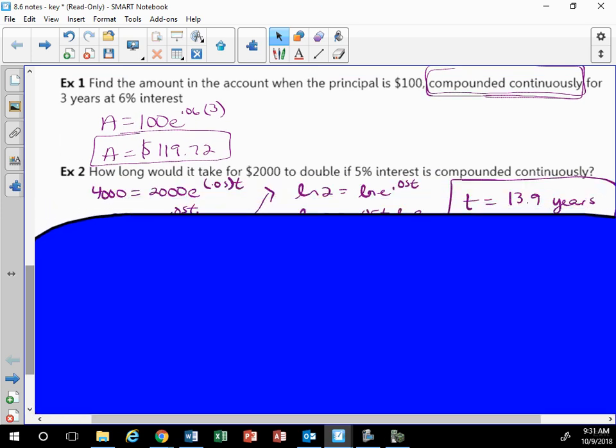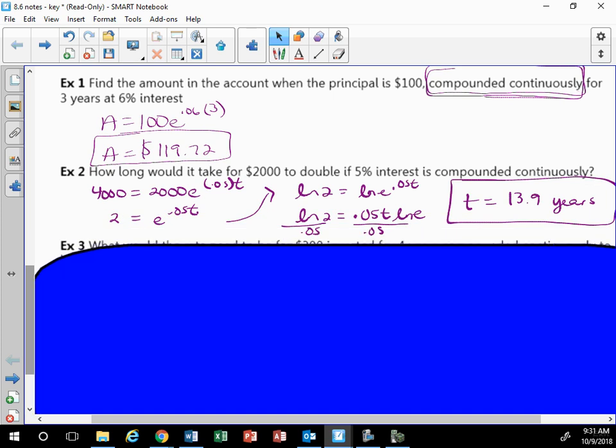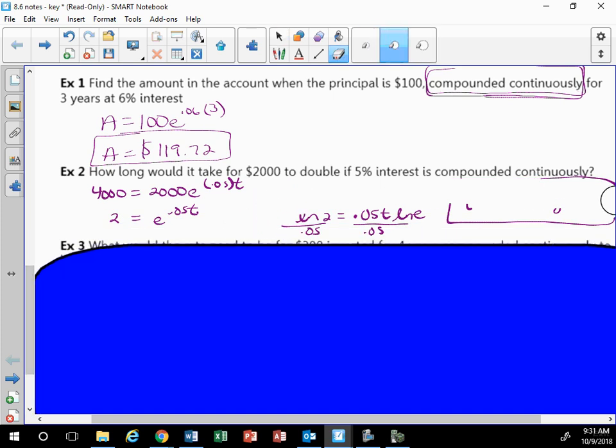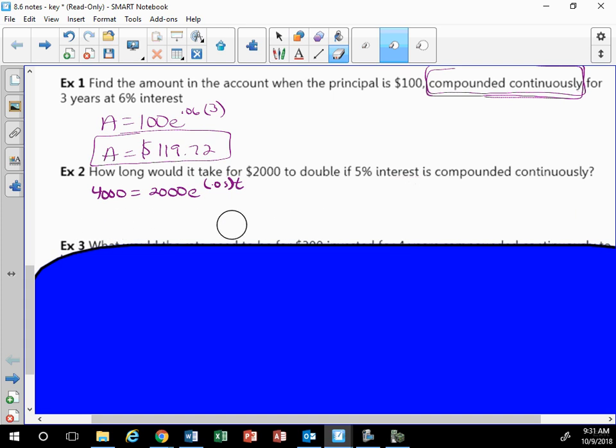So let's look at our initial equation. Are we okay with 4,000 equals 2,000 e to the 0.05t? Just like the other one, we divide by our 2,000 first.